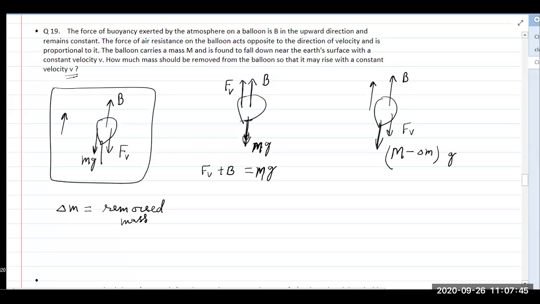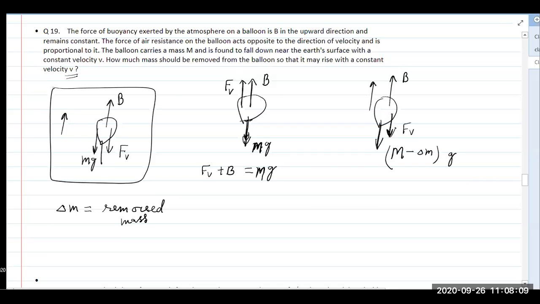So the viscous force is proportional to velocity. If it is coming down or going up with the same velocity v, then the value of the viscous force will be the same. Whatever Fv was acting in the upward direction, the same Fv will act in the downward direction here.